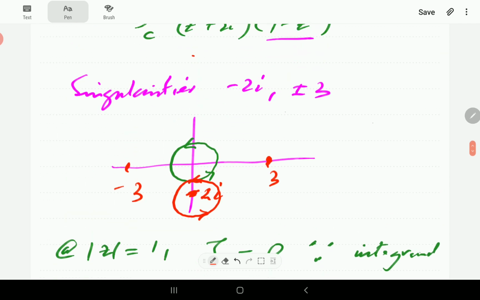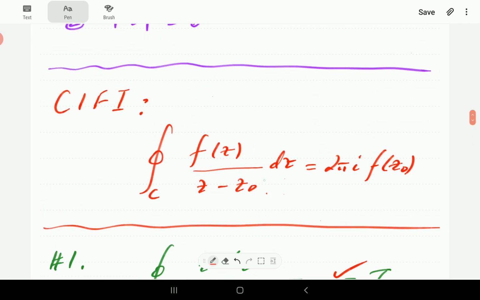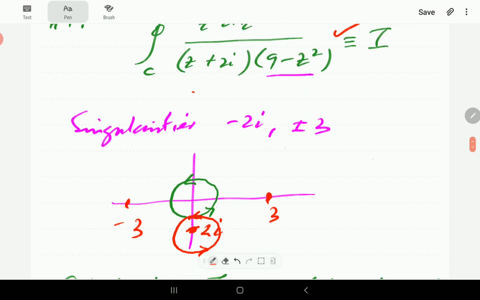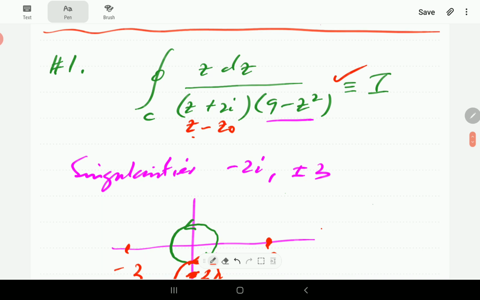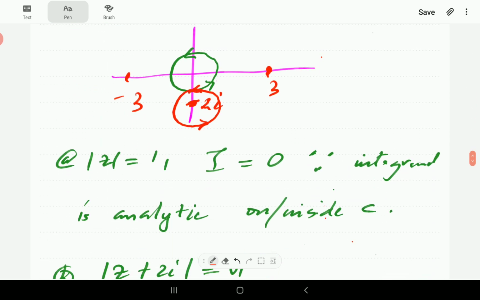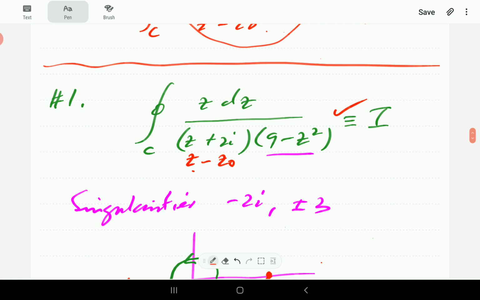From that, we want to get what f of z is going to be. What we do is we take this to be our z minus z naught, because if z naught is negative 2i, then z minus z naught is z plus 2i, which means everything else is now going to be our f.